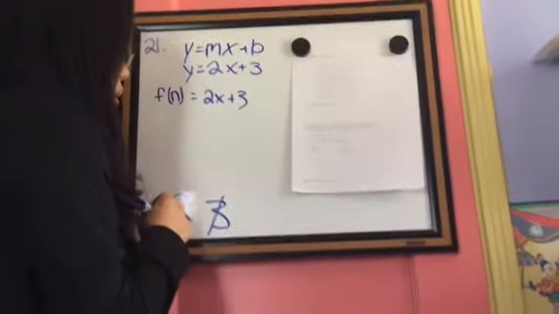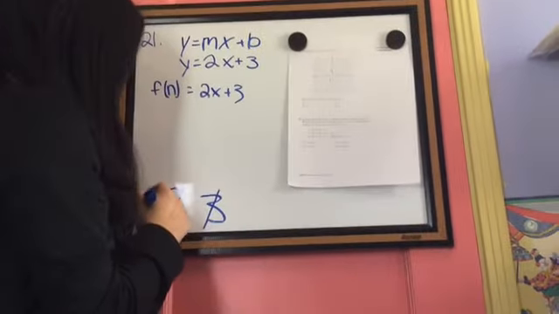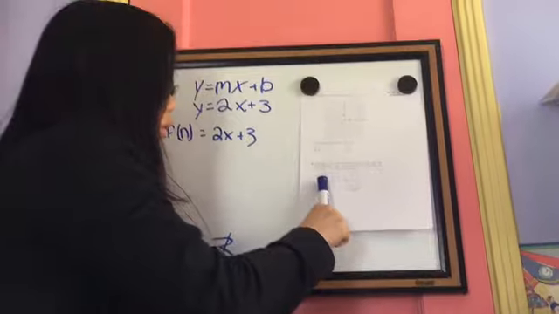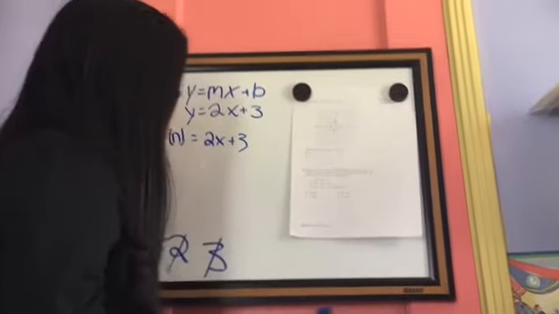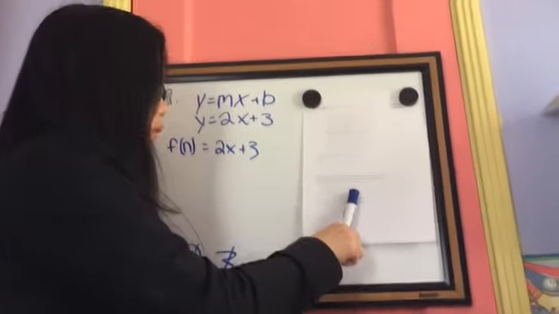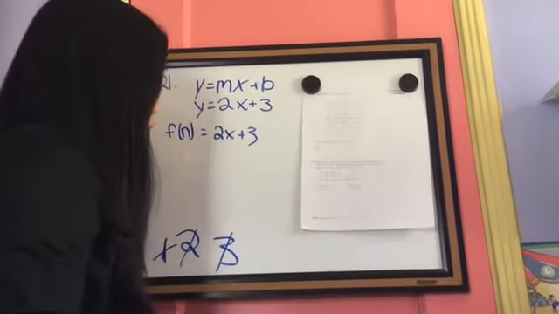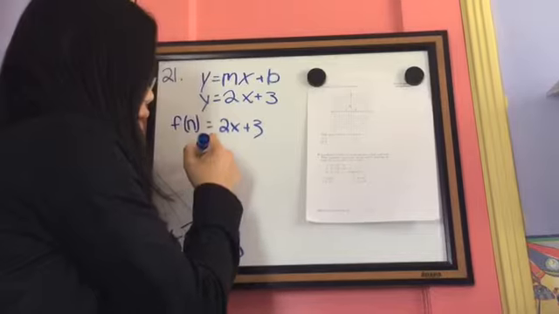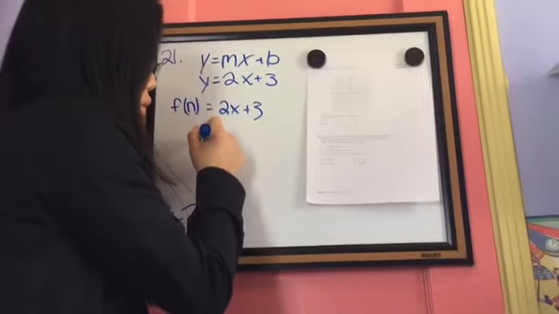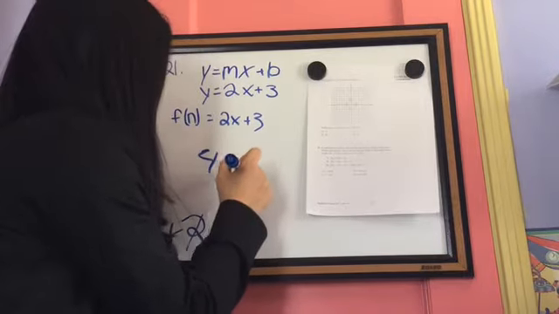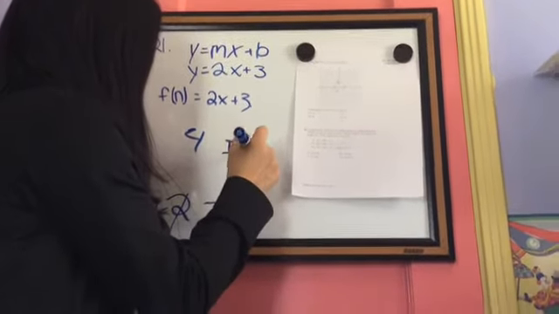So it definitely cannot be number 1, because Roman numeral 2 does not work. And Roman numeral number 3 does work, because it says where f of 0 equals 3. So at 0, the sunflower is 3 inches, which is true. So it's number 4, Roman numerals 1 and 3.